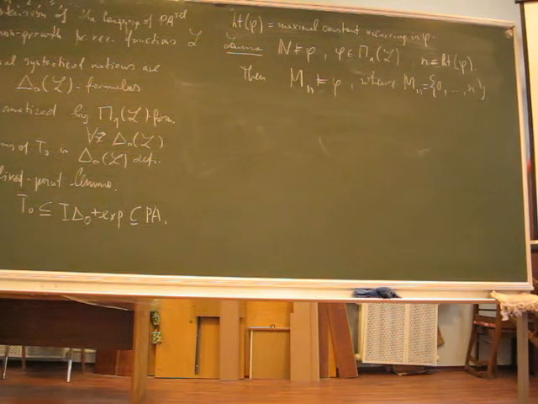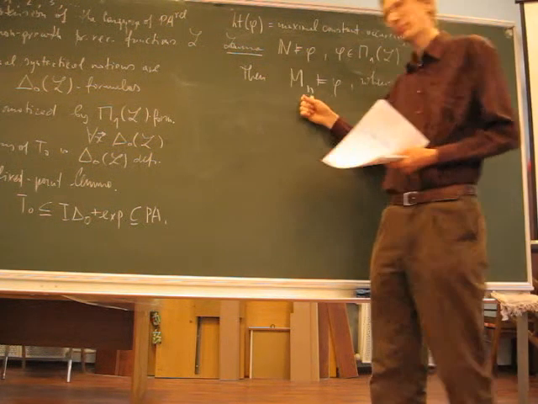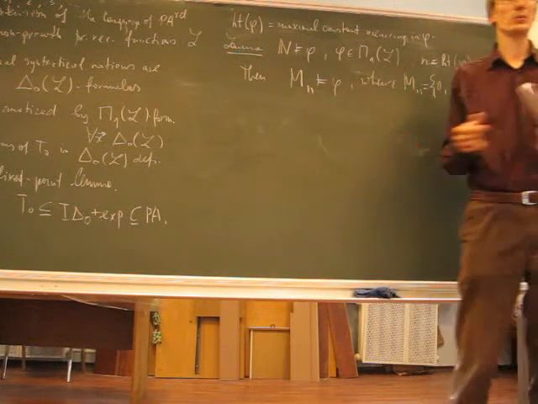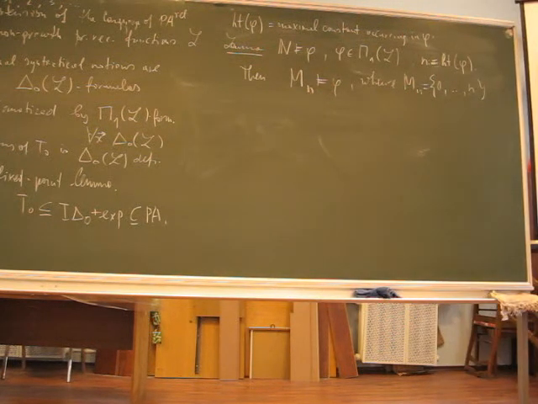This is precisely what we get from these non-growth conditions. Why does it hold? Basically, n is chosen in such a way that Mn is closed under all the functions occurring in phi.